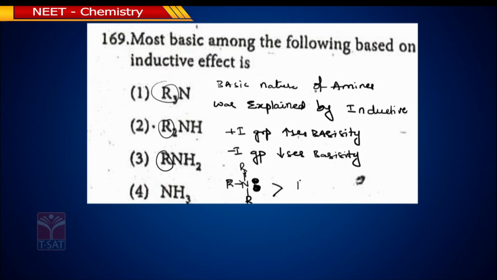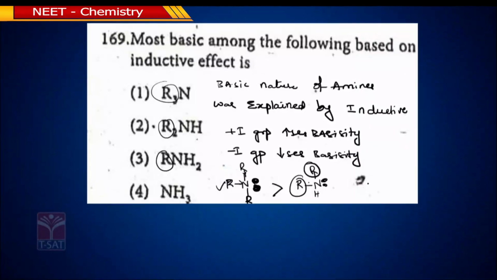If you compare R3N with R2NH and RNH2, there are fewer electron donating groups, which means the electron density decreases. So, most basic is R3N, next R2NH, next RNH2, next is NH3. If an electron donating group is present on the nitrogen, its basicity will increase. Okay. So, option 1.